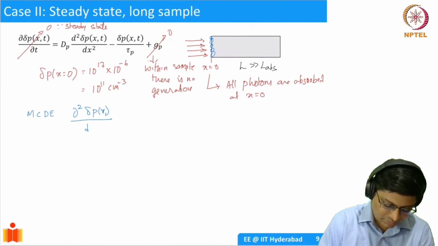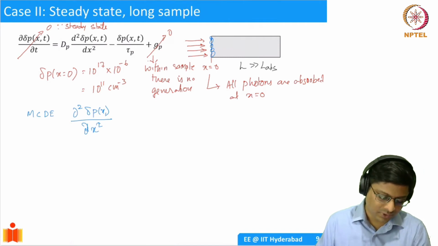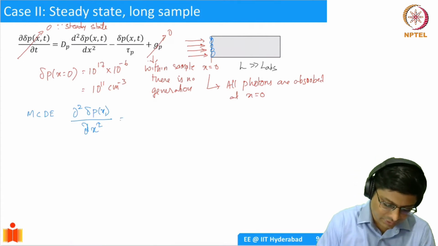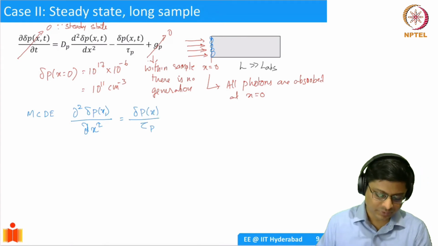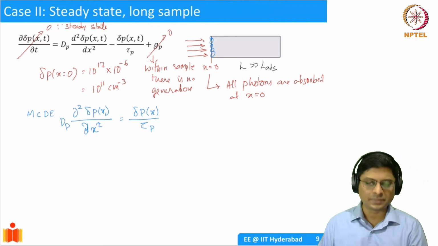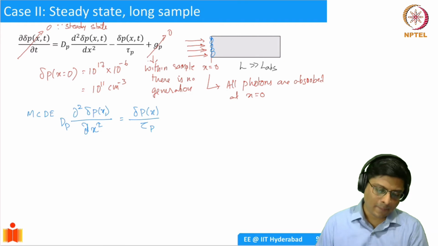I can write it as a partial derivative or even the full derivative, it doesn't really matter. I'll take the recombination term on the right side, so delta P of x divided by tau P. Of course, there is a diffusion coefficient here. This is my simplified MCDE now.